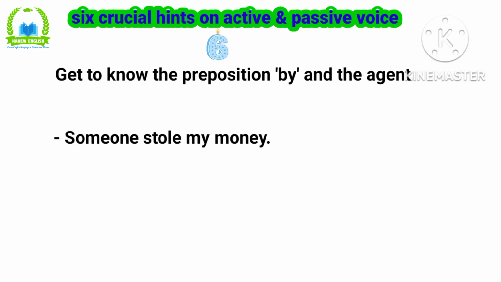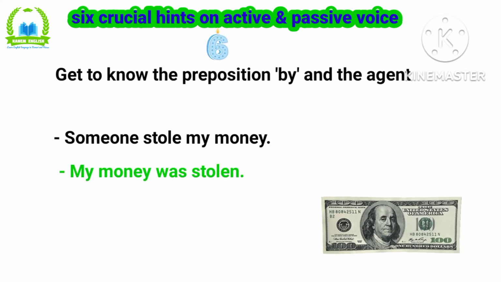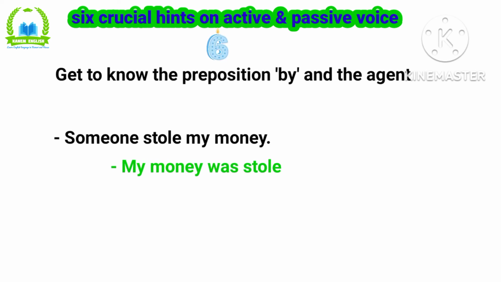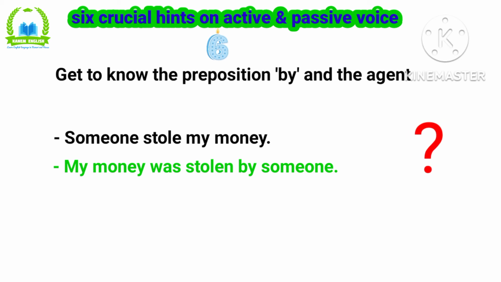If I want to change this one to passive, I can say my money was stolen, since I don't know the person. So if you want, you can also put the preposition by. Then you can say my money was stolen by someone. So this one is not necessary because the subject is unknown to you.